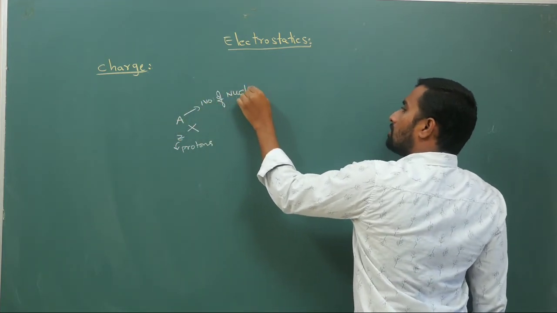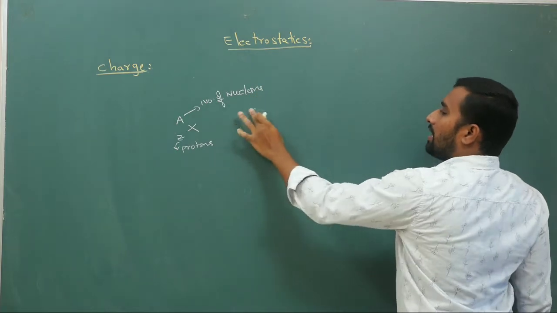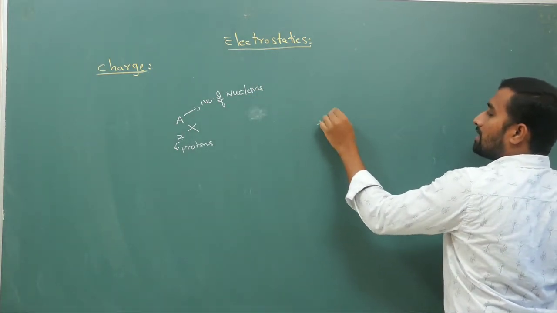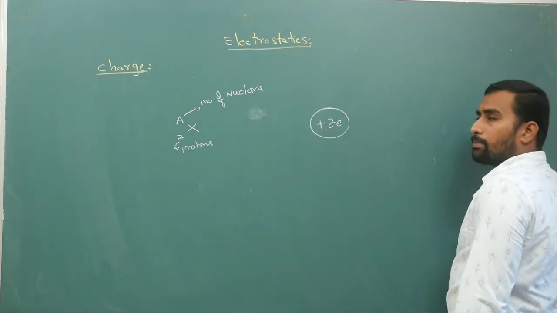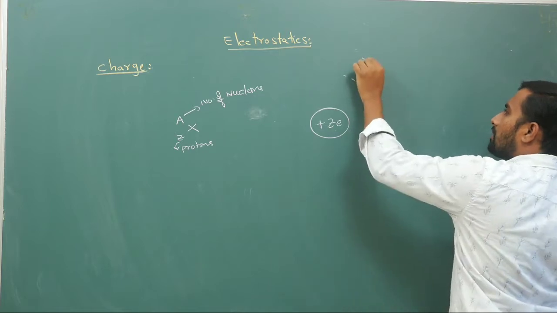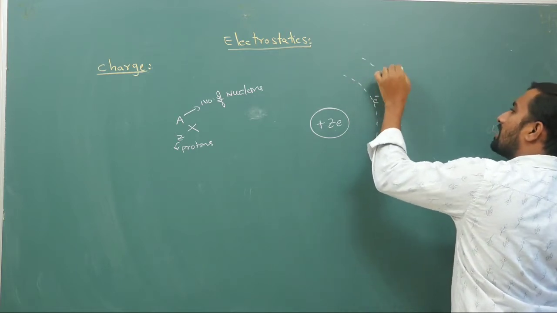Now normally if you take an atom, inside the nucleus there will be some Z number of protons, and surrounding it there are electrons in different orbits, which you must have studied in chemistry.